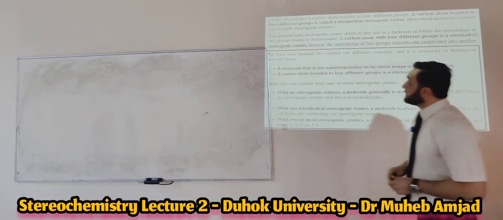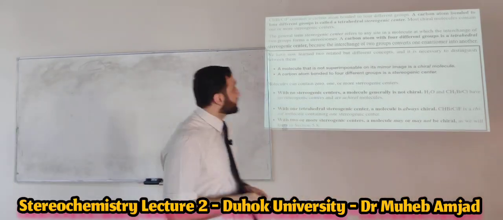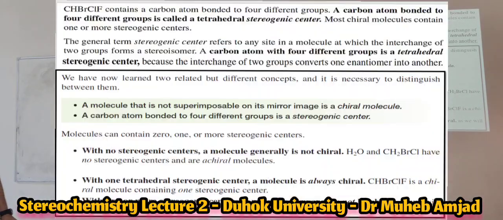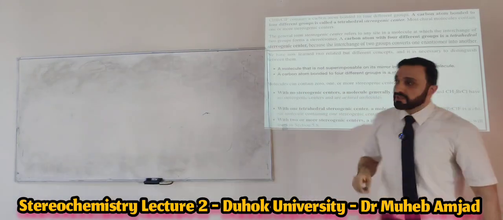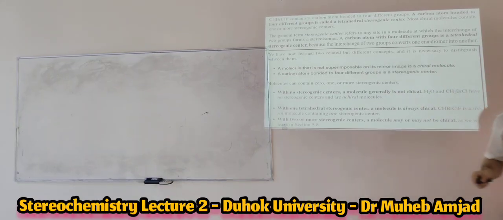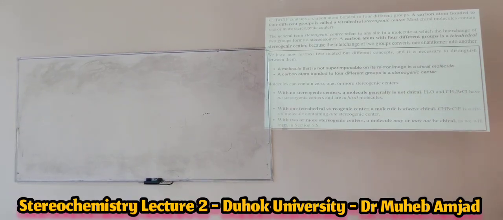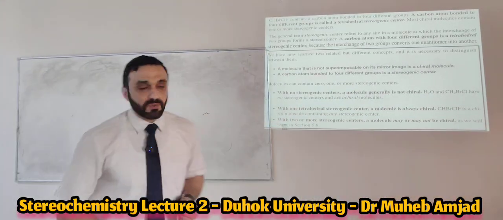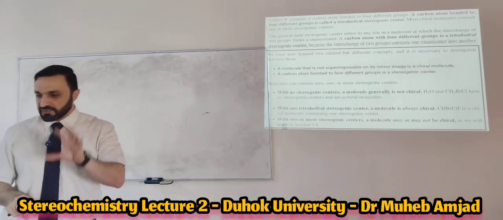So, this molecule, CHBrClF, contains a carbon atom bonded to 4 different groups. Look, these are groups, not just atoms. You have to be careful about 4 different groups.